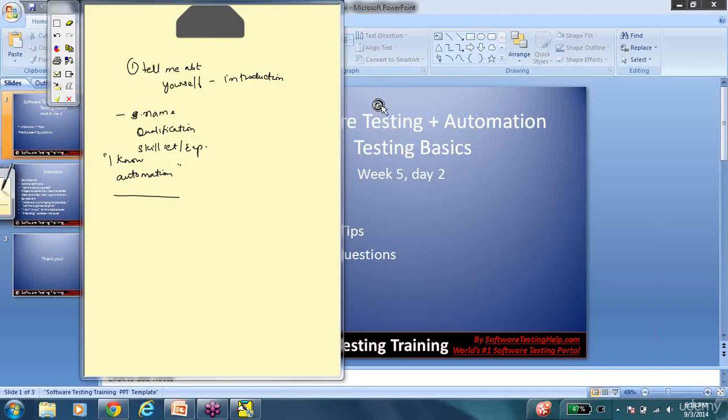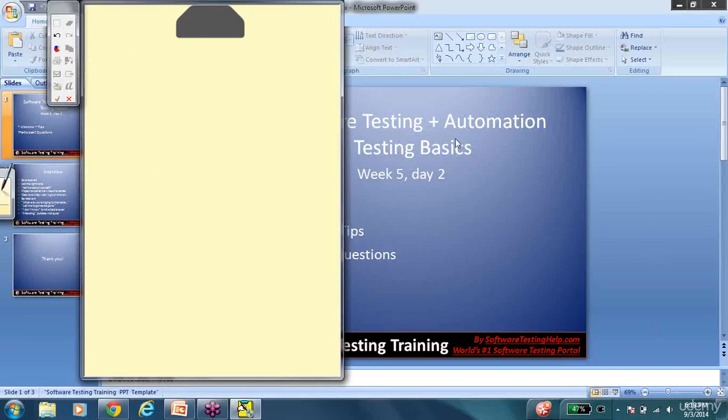So this is to draw a parallel between the resume and the interview question, tell me about yourself. All the things that you would mention in the professional summary in your resume might be a good reference to include in your tell me about yourself answer. So that's part one.